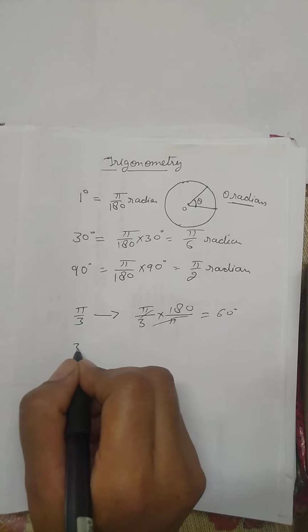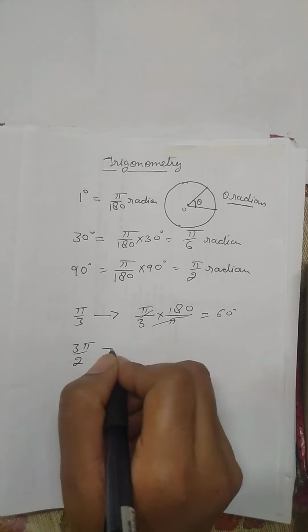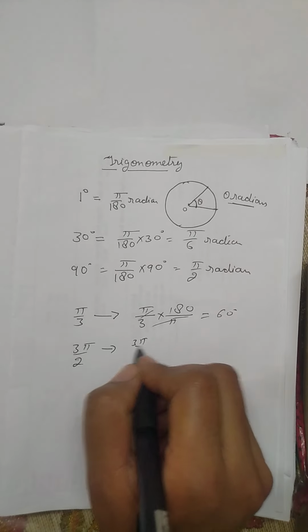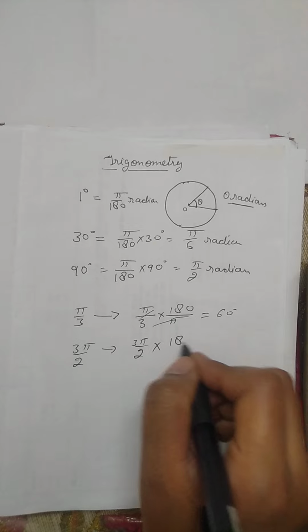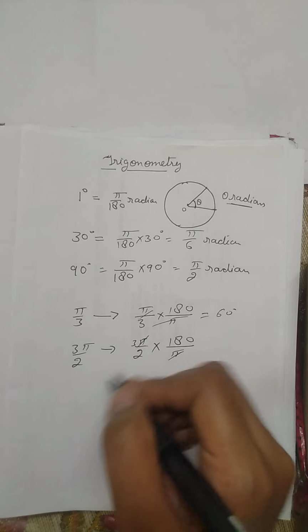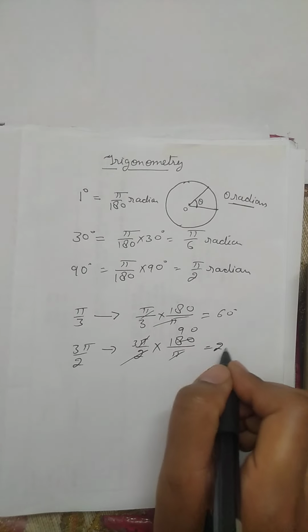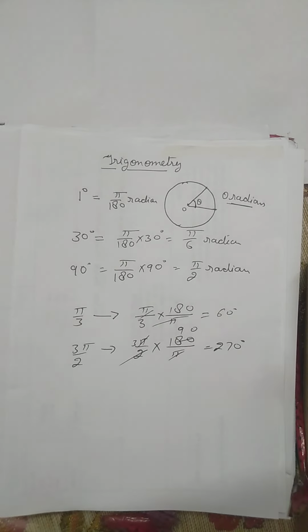Suppose 3 pi by 2 is to be converted to degree measure, then it will be 3 pi by 2 multiplied by 180 upon pi. We will get 270 degree. So here is the conversion of degree measure to radian and radian measure to degree.